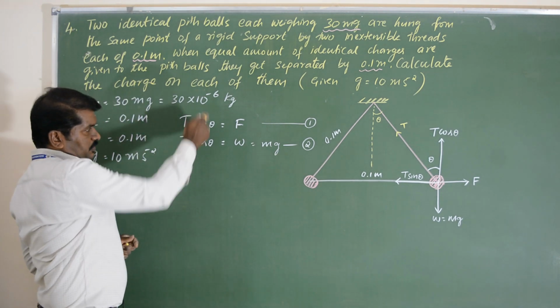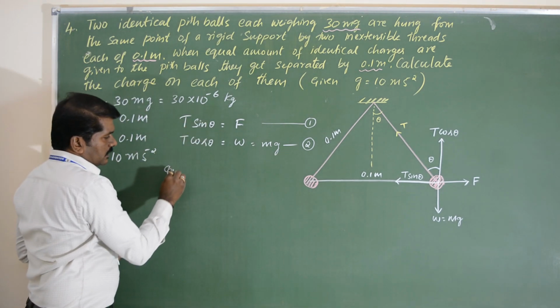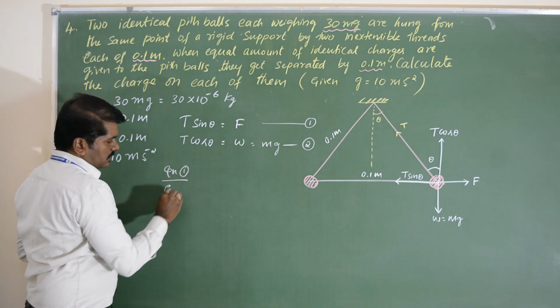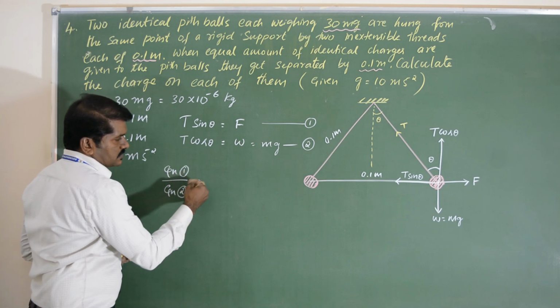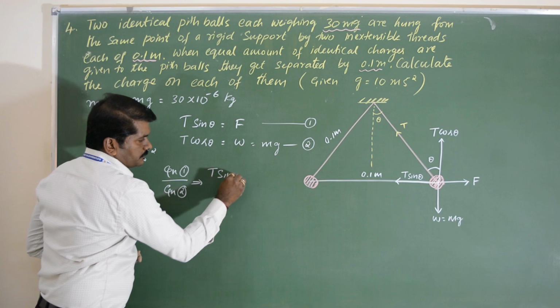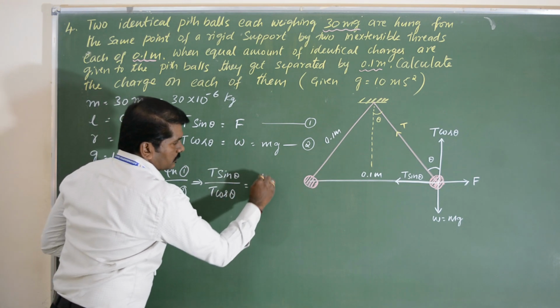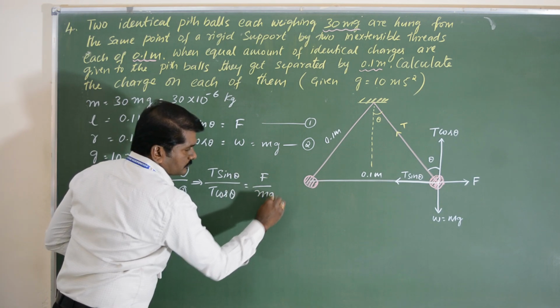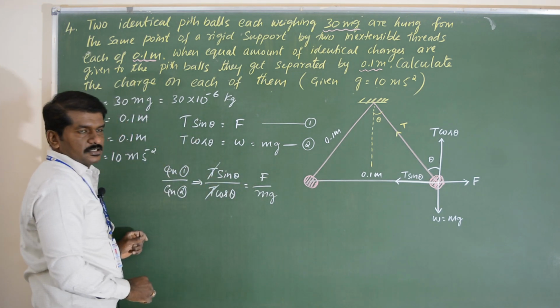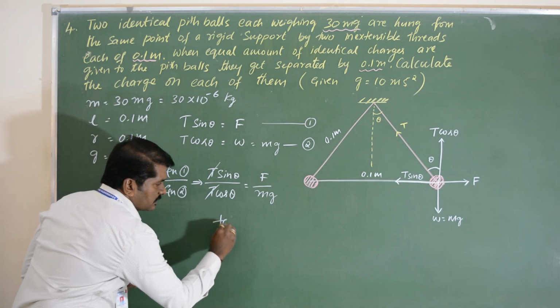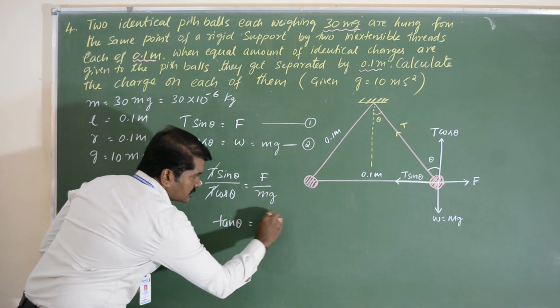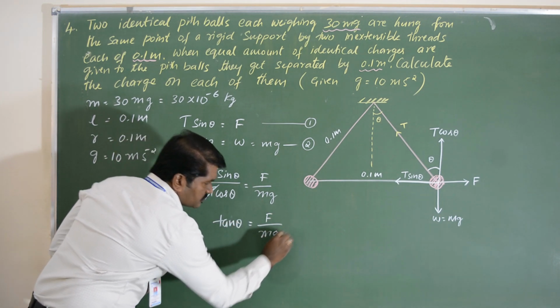If I take the ratio of these two, equation 1 by equation 2, that implies T sin theta divided by T cos theta must be equal to F divided by mg. So T and T get cancelled. Sin theta by cos theta becomes tan theta, therefore tan theta is equal to F divided by mg.